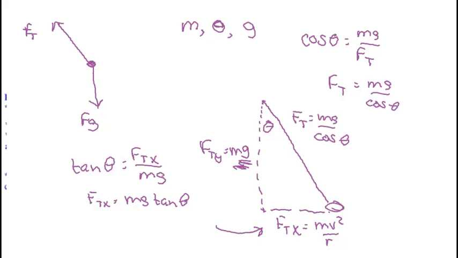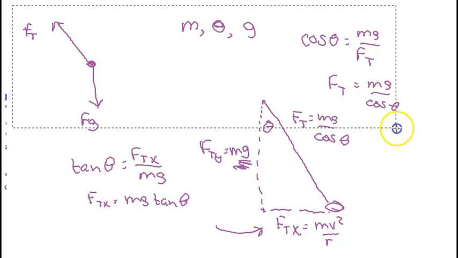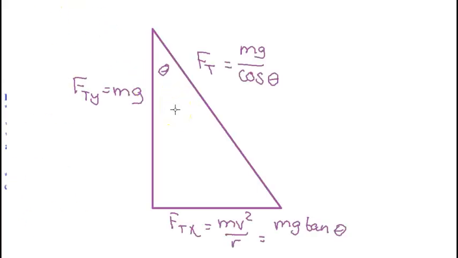So what I suggest you do now is in your notes, just give yourself a triangle and label it very neatly and clearly like this, with the force of tension in the y direction being equal to mg, force of tension being equal to mg over cosine theta, and the force of tension in the x direction being both equal to the centripetal force, mv squared over r, and then its other equivalent value, mg tangent theta.